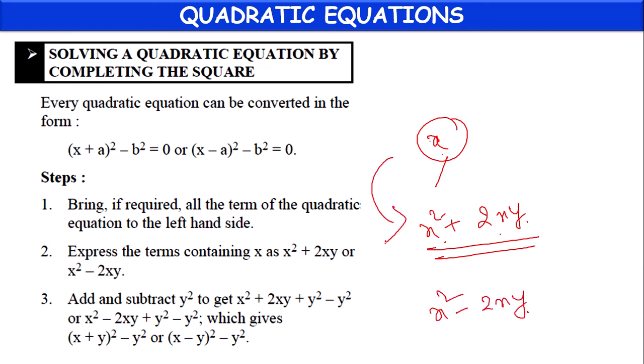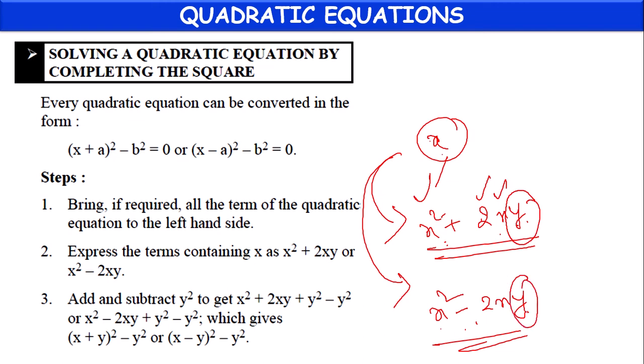They may not be present in this form, but we have to make sure they are written in this form. Here x square is there, here 2xy is there. In the place of y, whatever number we get, we have to add and subtract y square. So the value does not change. Like this we have to write.